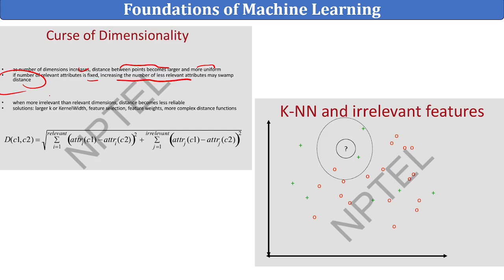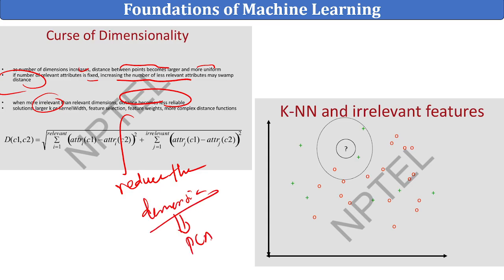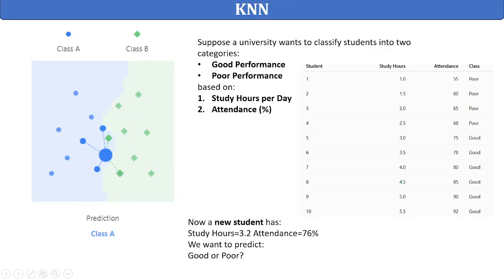When there are more irrelevant than relevant dimensions, distance becomes less reliable. In that case, we have to reduce the dimensionality. For that we have PCA and LDA. That we'll also see. Before going to PCA and LDA, we'll see the KNN code also.